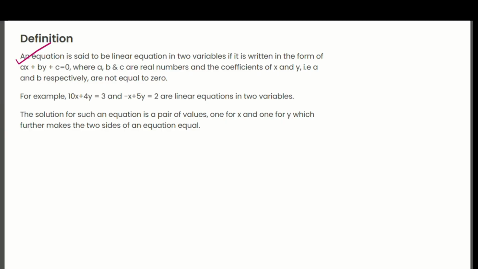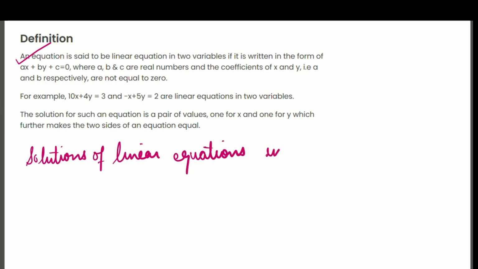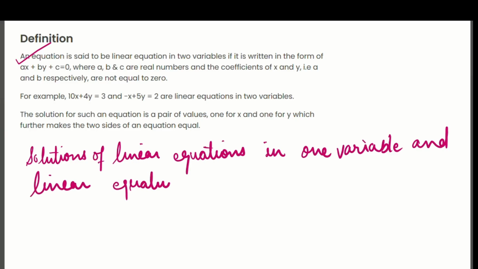Now let's talk about how we are going to find the solutions of linear equations in one variable and linear equations in two variables.